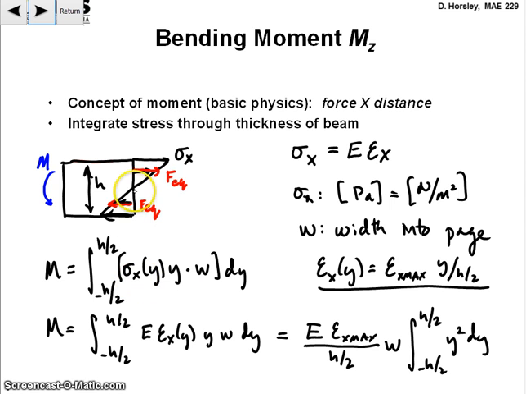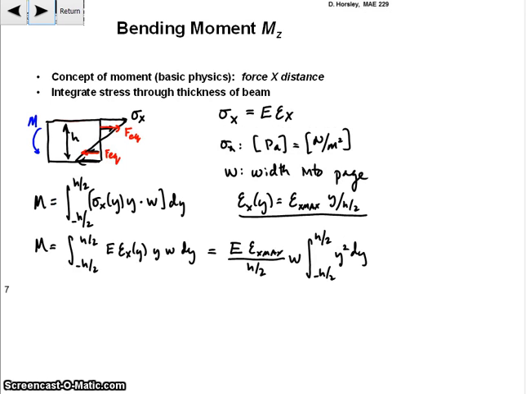At each point I'm calculating the stress at that point and multiplying by its moment arm, and that's what is equal to this bending moment on the left-hand side. So that's where all that came from. And now, like I said, this is a pretty simple integral, so I will take a little more space, and all the stuff that's in front still stays there.